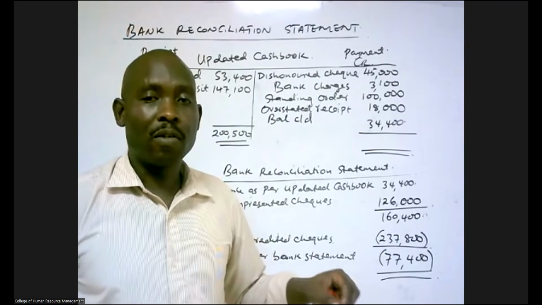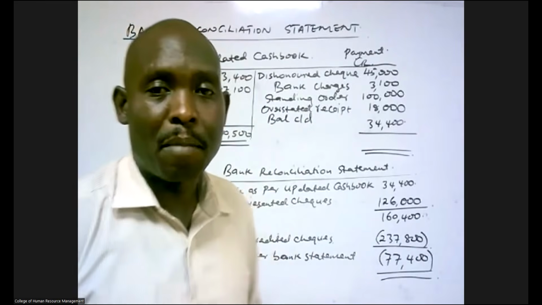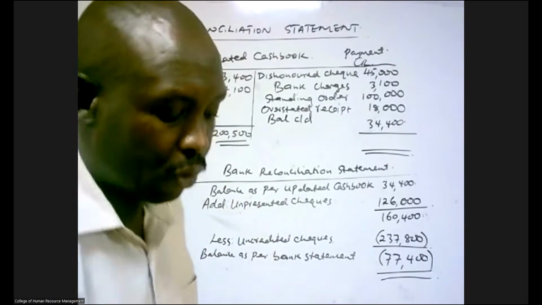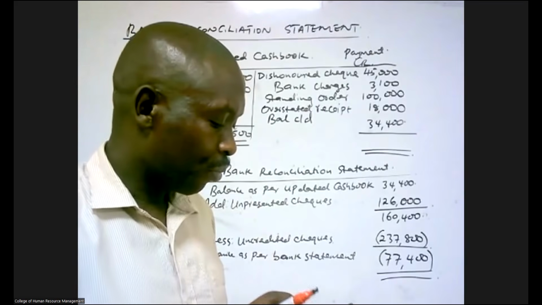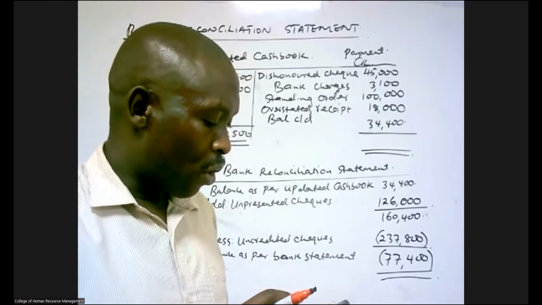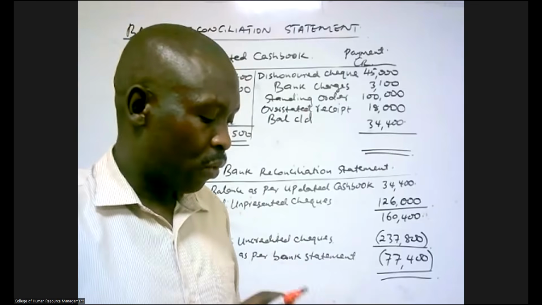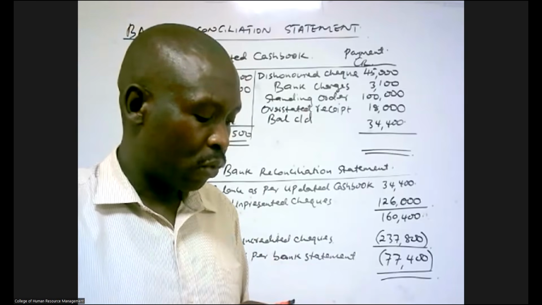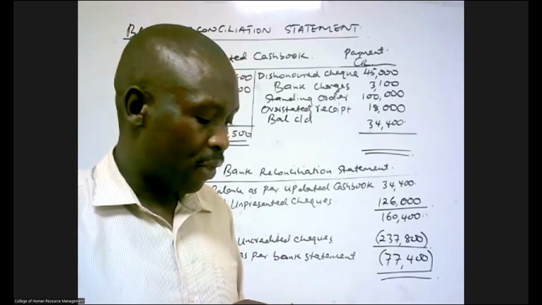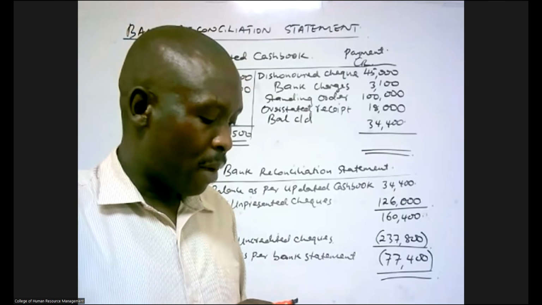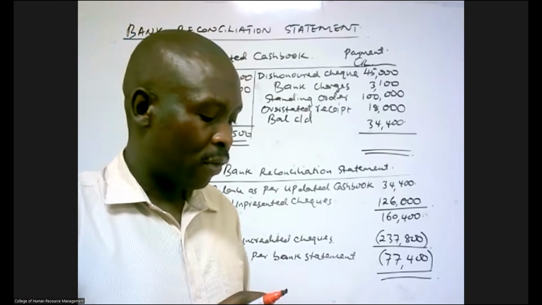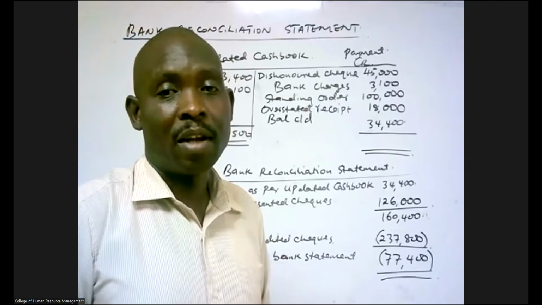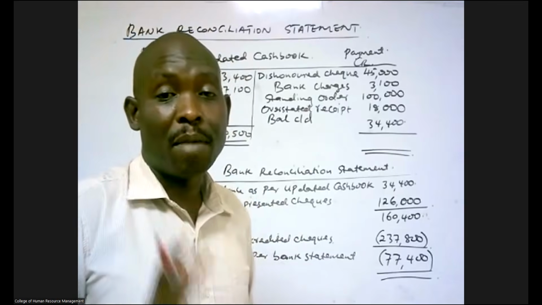And when you go to the statement that we were given at the beginning of this question, we were told that on 31st December 2021, the cash book bank column of Kasuku Traders had a balance of 53,400, while the bank statement showed an overdraft of 77,400 on the same date. An overdraft is a negative bank balance.